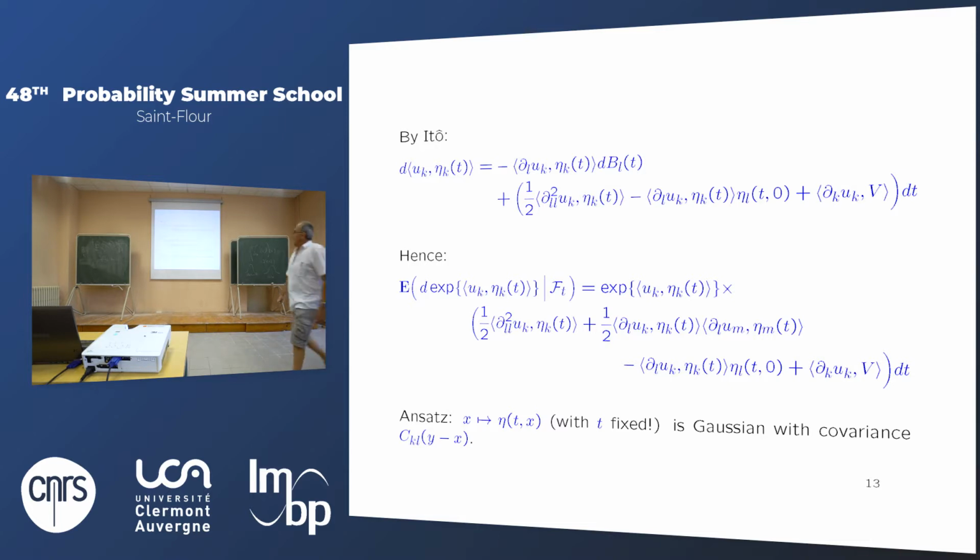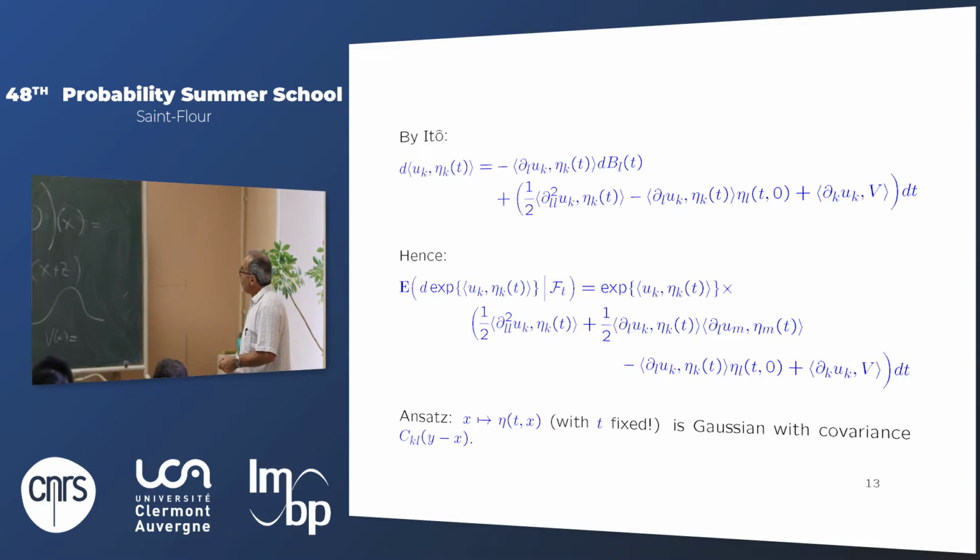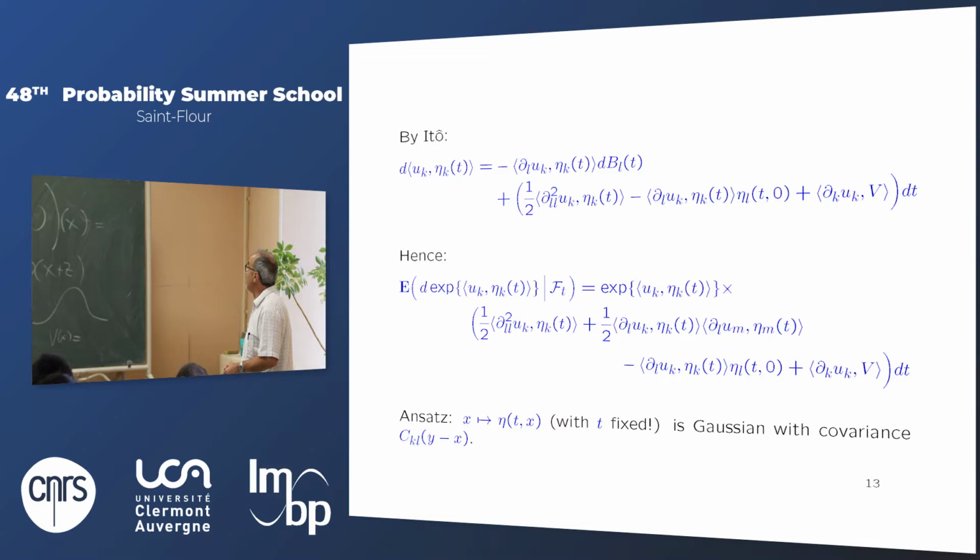Good. And what you see is the following, starting with the Ito formula up there. I write down the Ito formula for the exponential, which is trivial to transfer once you have an Ito formula for the Ito process, and compute the conditional on F_t.